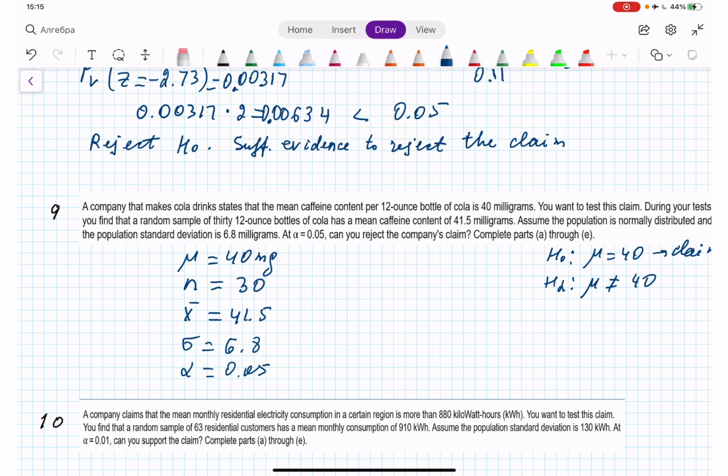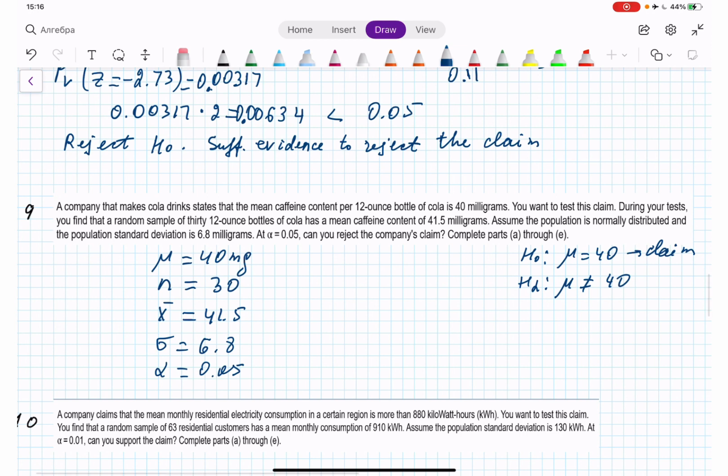Critical value we find based on alpha. Our alpha is 0.05, and we have two tails. We are going to split alpha in half and get 0.025. And then go to the z-score table, and obviously we are going to look into the negative z-score table because it's less than 50%.